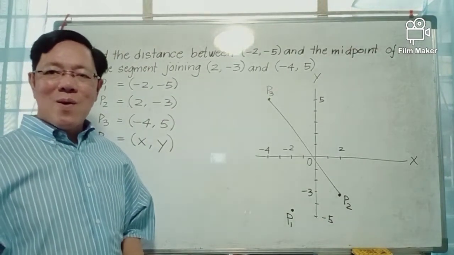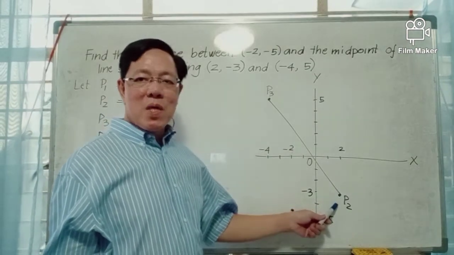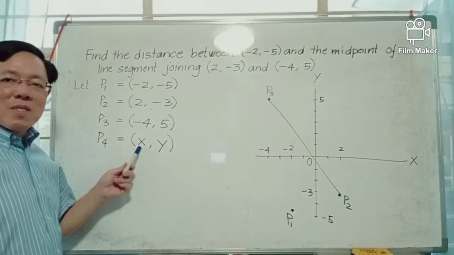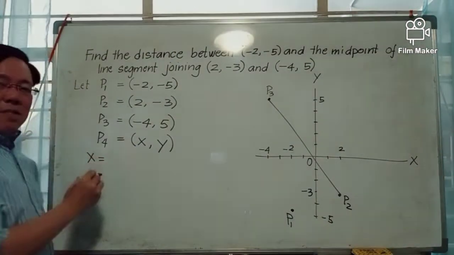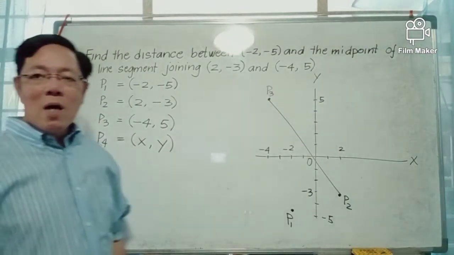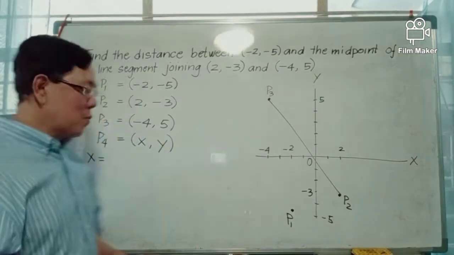Now we find the coordinates of the midpoint of this line segment through points P2 and P3. And we start with the abscissa x. The abscissa of the midpoint is given by the sum of the abscissas of the endpoints, divided by 2.